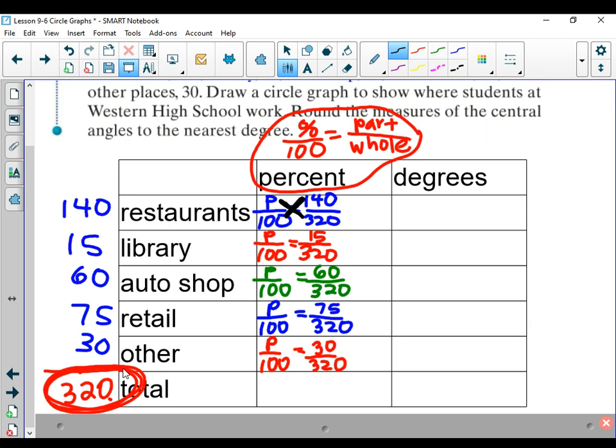I'm supposed to do 320 times P, but I can't. So I'm going to do the opposite of times and divide. So 140 times 100, enter, divided by 320, enter.